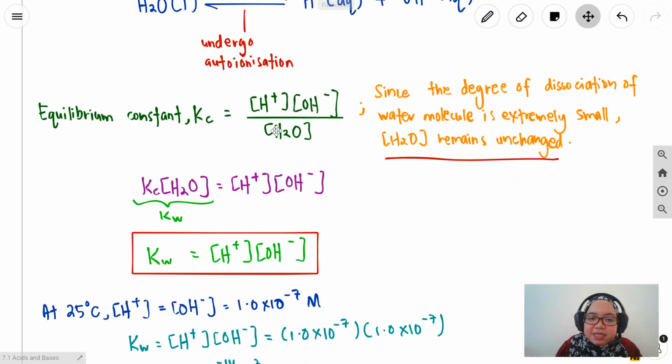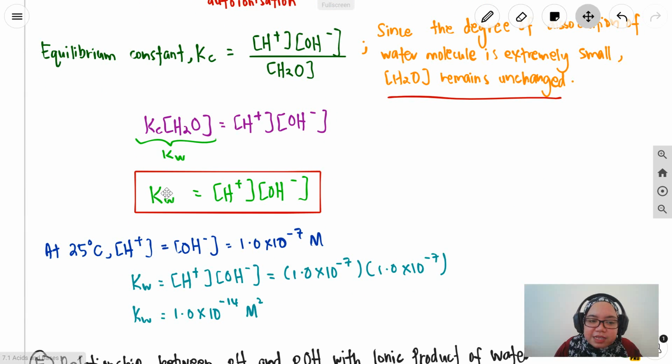So Kc times [H2O] is equal to the concentration of hydrogen ion times the concentration of hydroxide ion. So this is actually the Kw. So we can conclude that Kw, the ionic product of water, is the concentration of H plus times the concentration of OH minus.